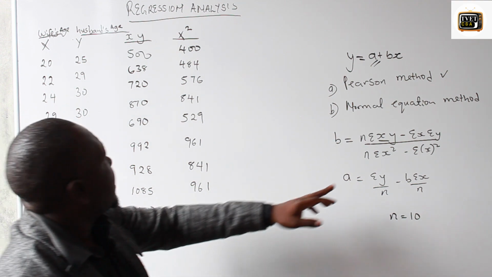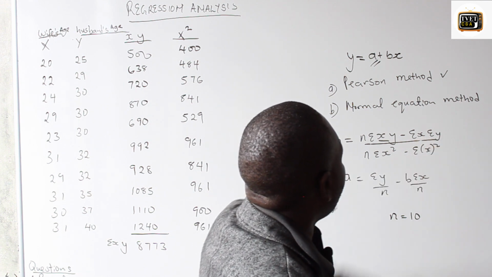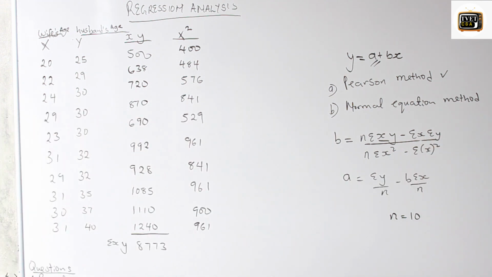Hope we have the same figures wherever you are. Now, again, we'll look for the summation of x and summation of y. Summation of x, the same procedure applies, from 20 all the way to 31.